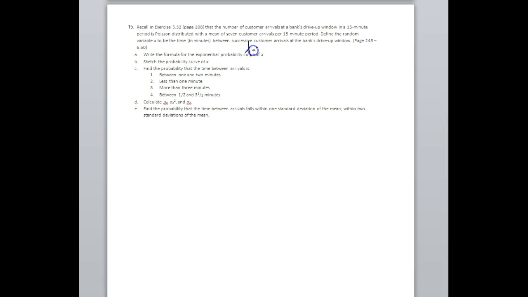So then our function f of x is, just plugging that lambda into the formula, 7/15 e to the negative 7/15 x, for all x greater than 0, and 0 otherwise.